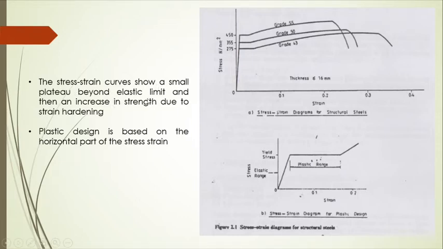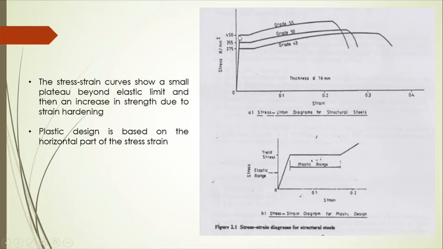So the stress-strain curves show a small plateau beyond the elastic limit, and then an increase in strength due to strain hardening. So this is the region of strain hardening, where the steel does not increase in strength, but the strain is increasing at the same stress.